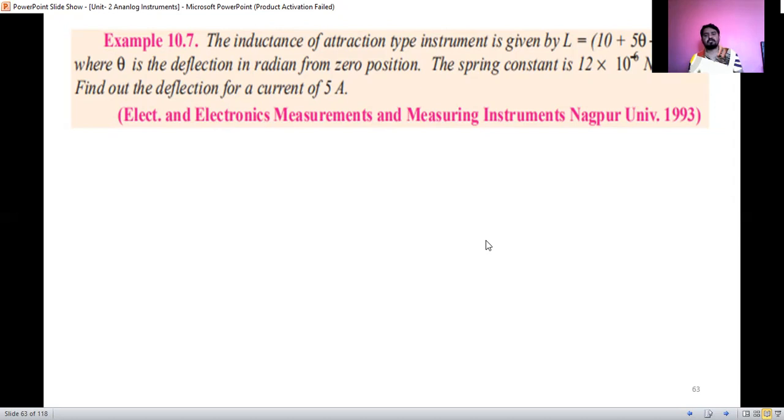The spring constant is 12 into 10 to the power of minus 6 Newton meter per radian. Find out the deflection for a current of 5 ampere.